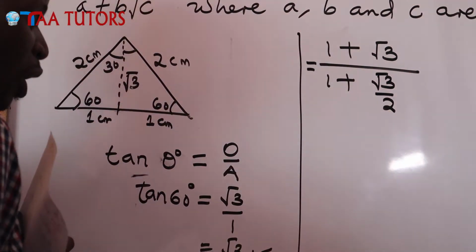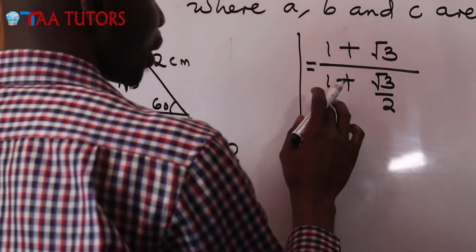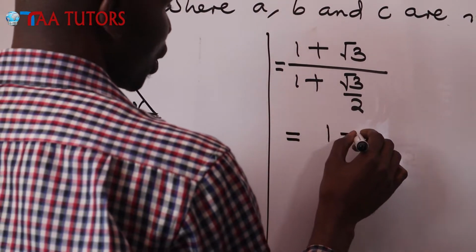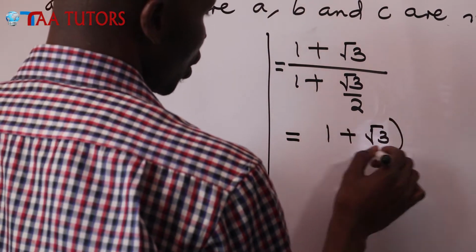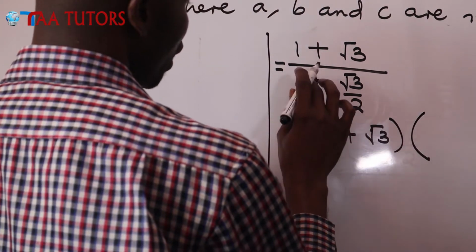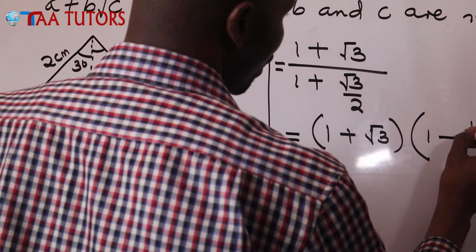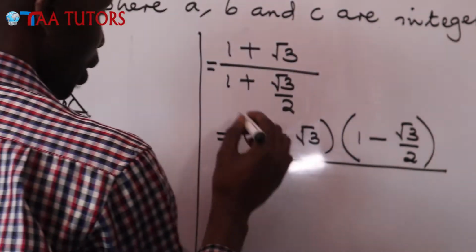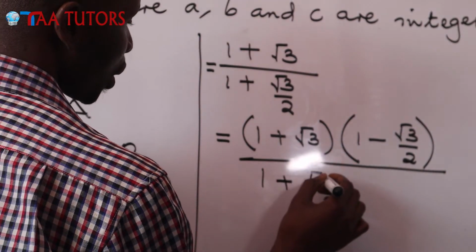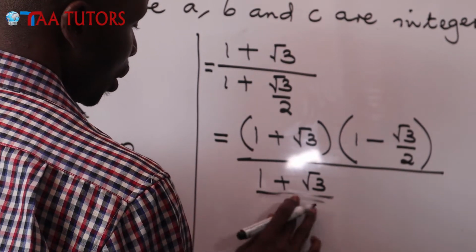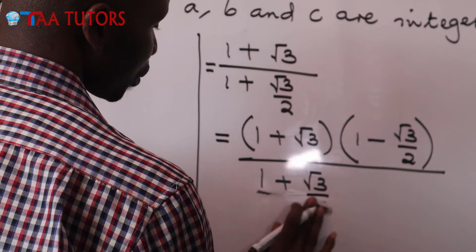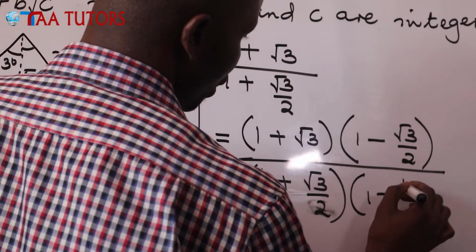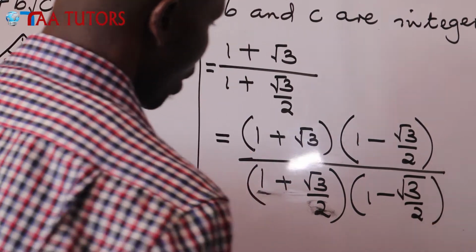So now we have the surd. We can move on to rationalize the denominator by multiplying by the conjugate of the denominator. The conjugate of the denominator is going to be the same, but the sign is minus here. So 1 minus √3 over 2 divided by, again the denominator we multiply by its conjugate, 1 plus √3 over 2, into 1 minus √3 over 2.